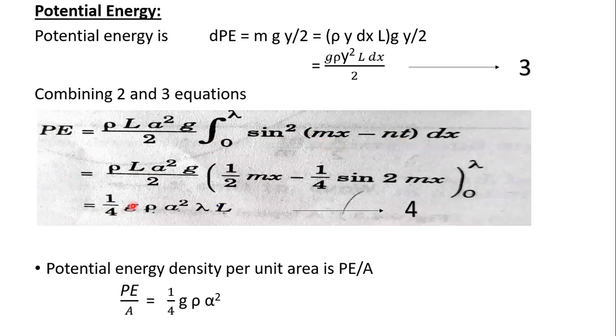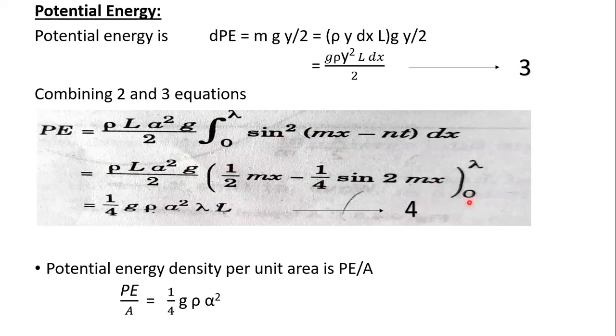These are constant terms and we can put them aside. Here if you do this integration, we get 1 by 2 mx minus 1 by 4 sine 2mx.